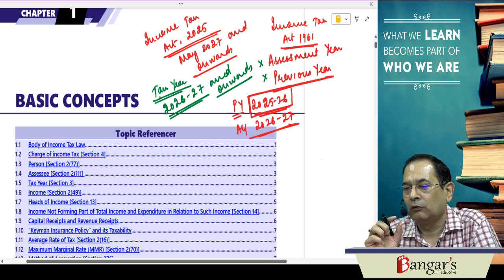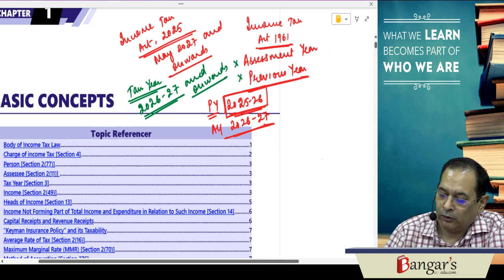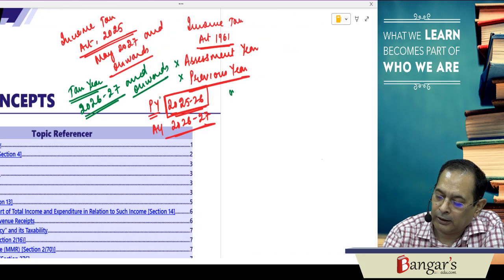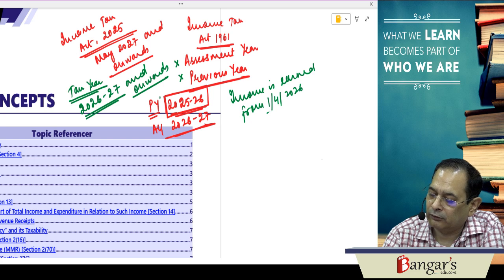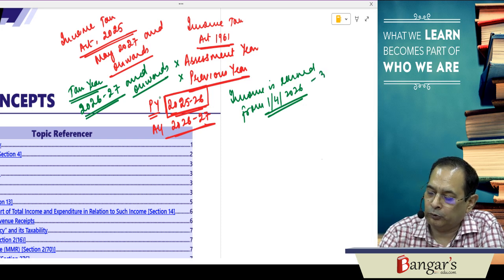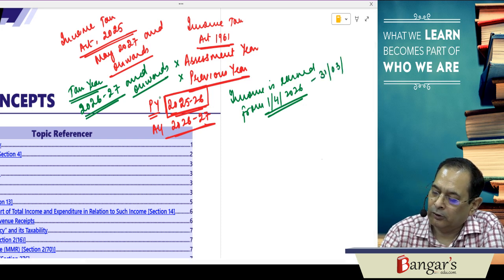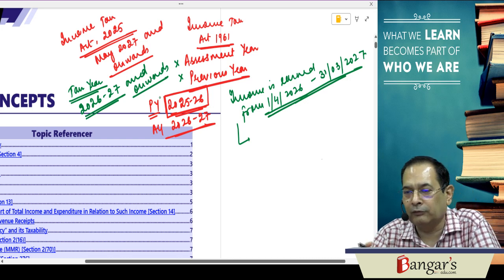Now, what does this term tax year mean? So, whatever income is earned from 1/4/2026 up to 31st of March 2027, that is the income which is earned during this year.